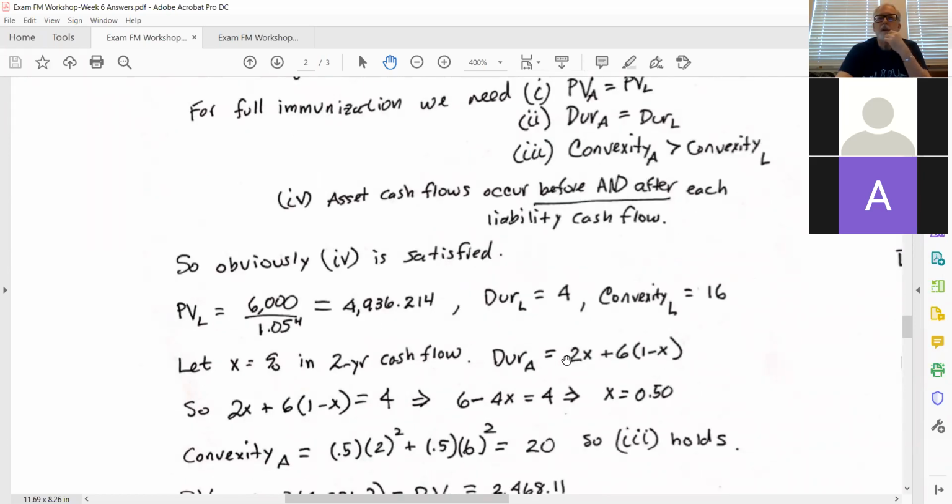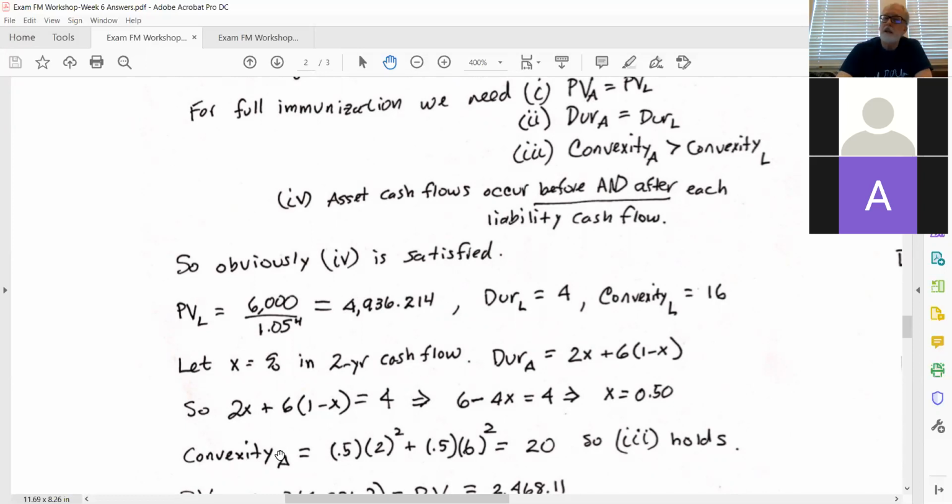So the duration of the assets: 1 comes in at time 2 times x%, the other one comes in at time 6 times 1 minus x%. You can solve that for x and you get 50-50. So we want 50% to be invested in the 2-year and 50% in the 6-year.